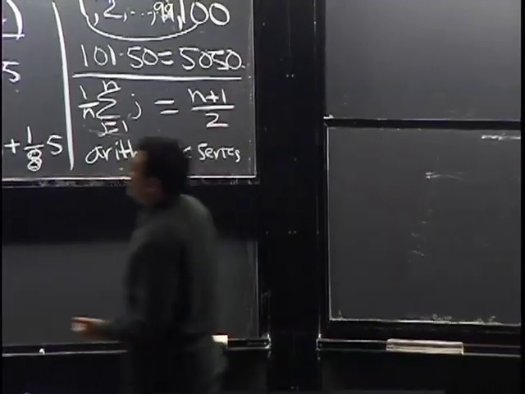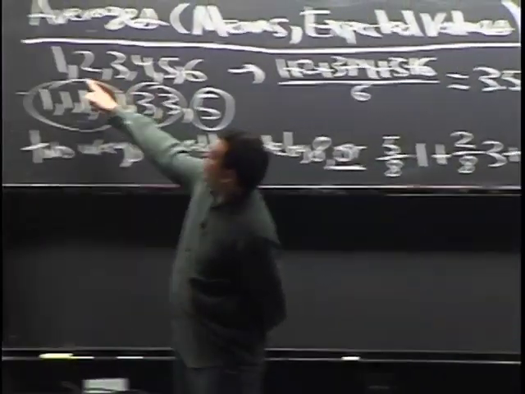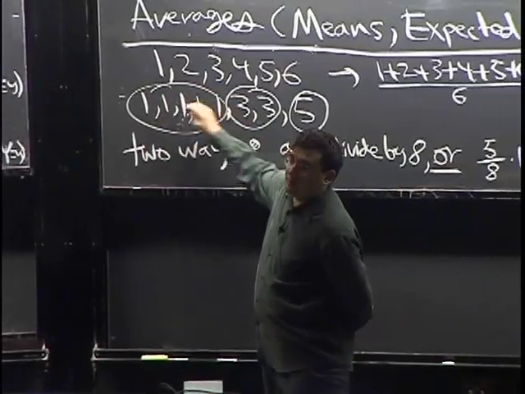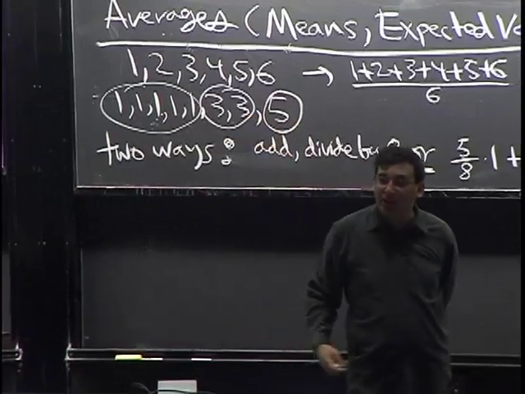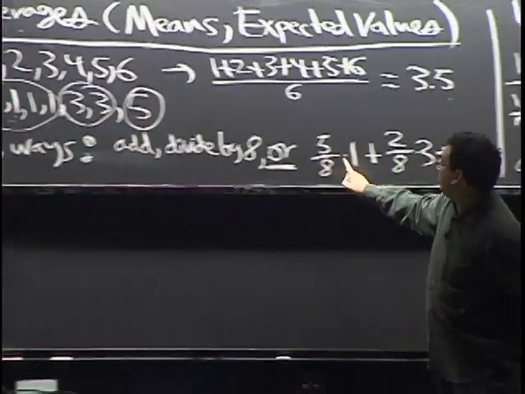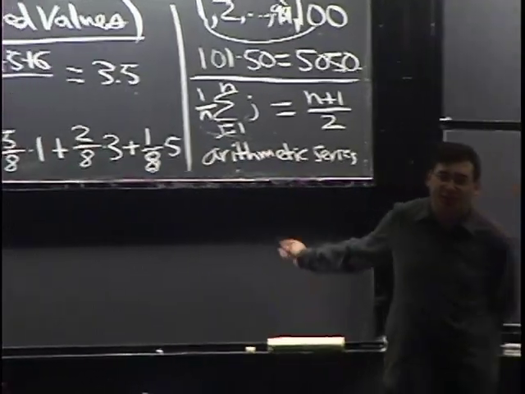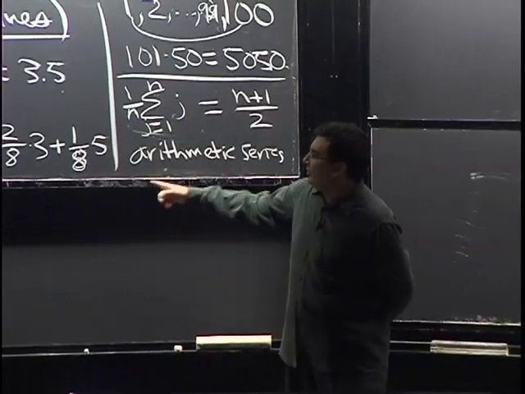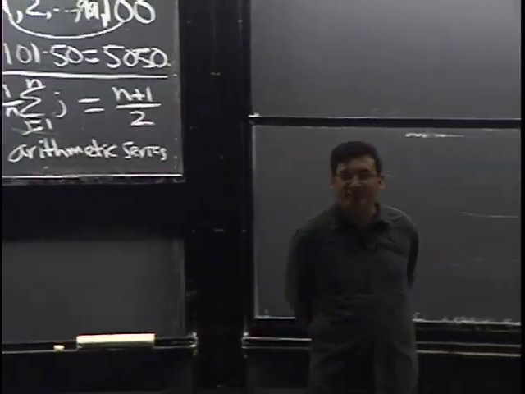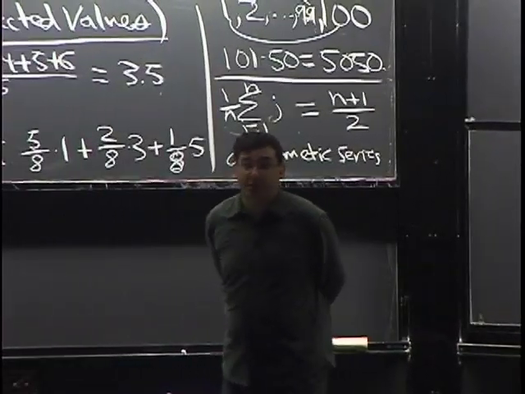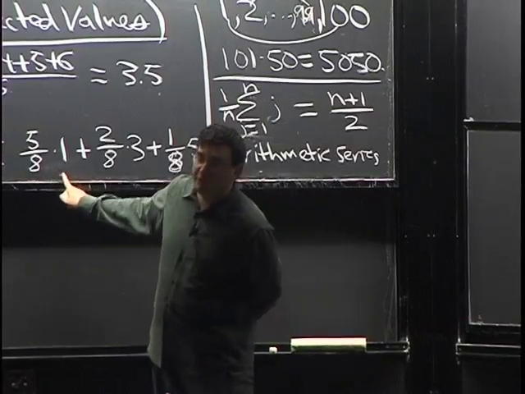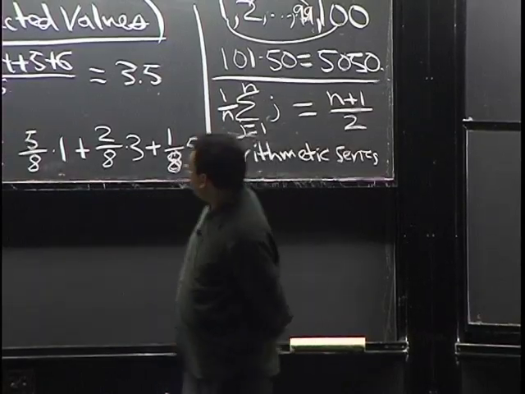But the key point is that I can take the ungrouped average, or I can group them according to common values and then average those. As long as I put the correct weights here, it has to be the same thing. I don't actually have to do the arithmetic. I don't actually want to compute this number. Does anyone doubt that those would be the same? All right, so that's a pretty simple idea, but very crucial for understanding what's going on.